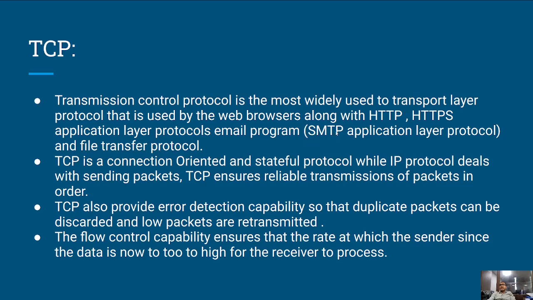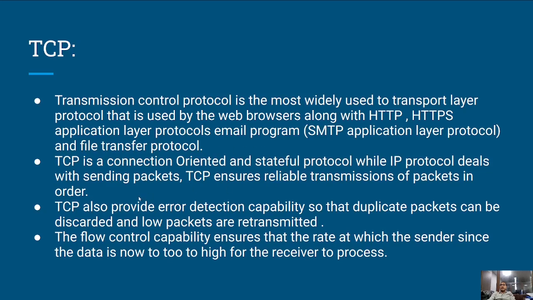Besides this, the SMTP protocol also uses TCP. From the application layer point of view it might be HTTP, HTTPS or SMTP, but on the transport layer it will be using TCP. It is a connection oriented and stateful protocol. While the IP protocol deals with sending packets, TCP ensures reliable transmission of packets in order.